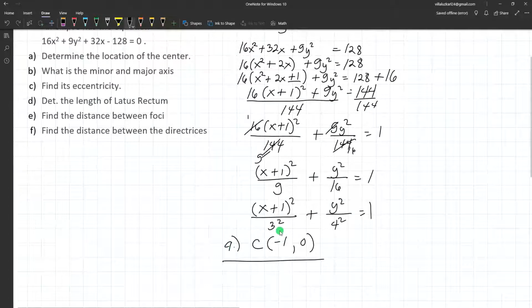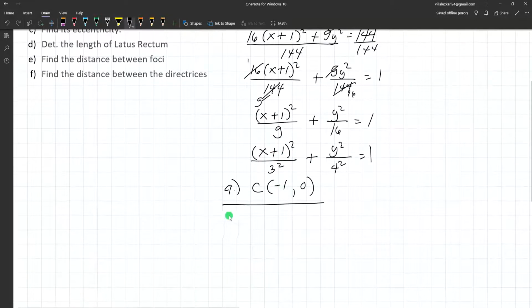For letter B, the minor and major axis will be based on your a and b. So a should be the one that has a higher value. So a here should be 4 and b is 3, which means that your major axis is along the y axis. The minor axis is along the x axis.